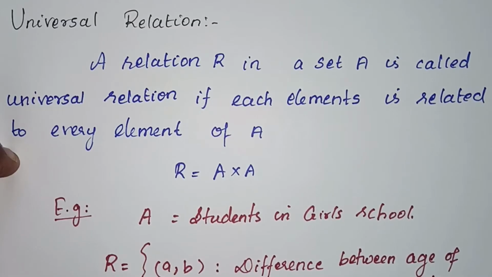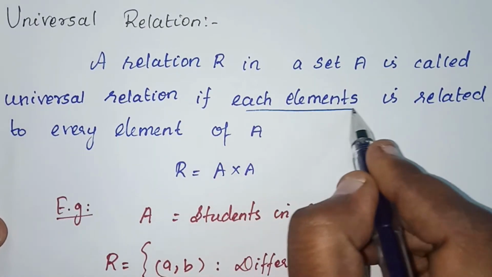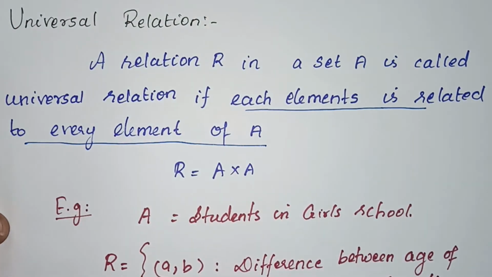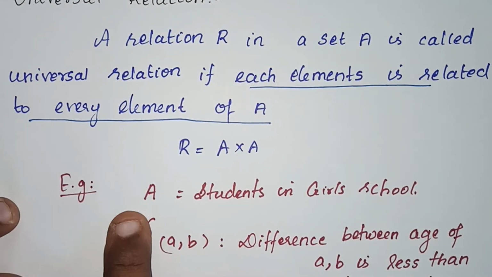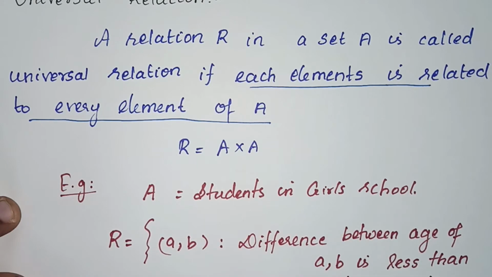Next relation is universal relation. What is meant by universal relation? Universal relation is nothing but each element is related to every element of A. So there is a relationship between each and every element in a set. That relation is called universal relation. For example, let us take one set. That set A consists of students in a girls school.